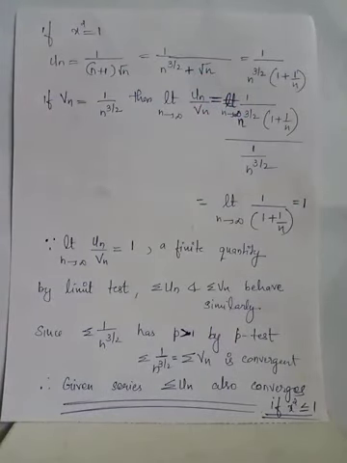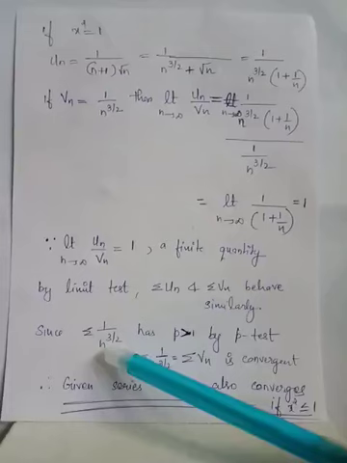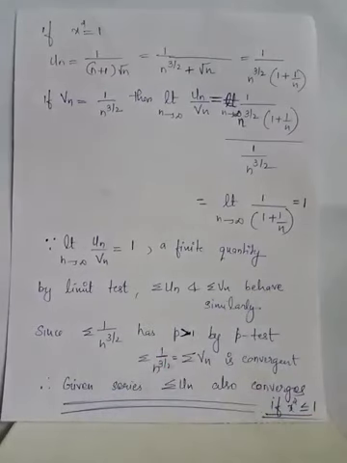We are taking n raised to 3 by 2 common outside because we are familiar with the series summation 1 by n raised to 3 by 2. Summation 1 by n raised to 3 by 2 is of the format summation 1 by n raised to p with p greater than 1. So this series will surely be convergent as per the p test.